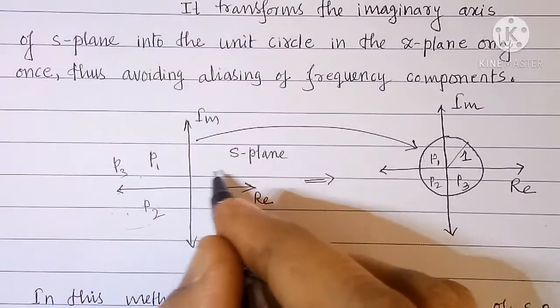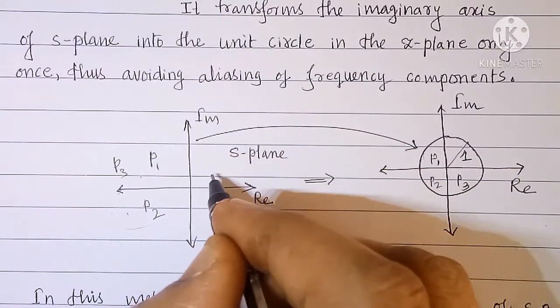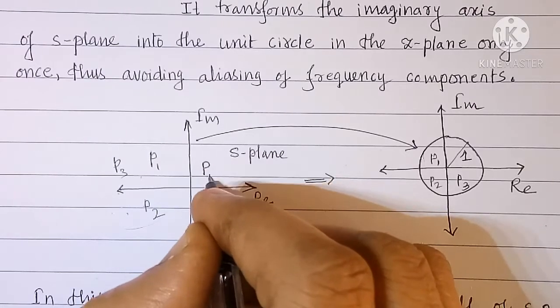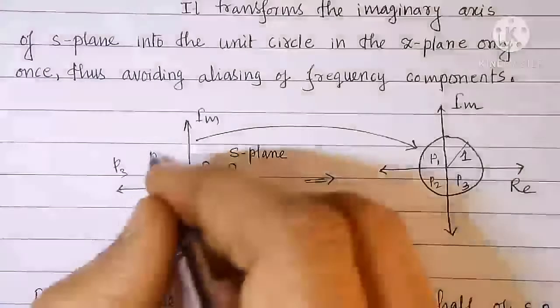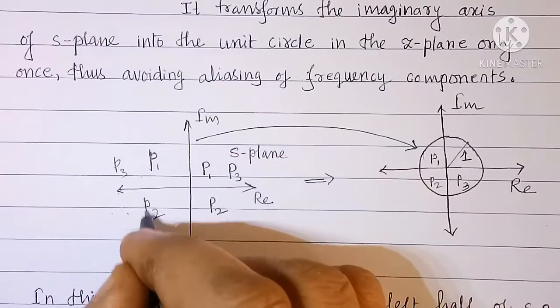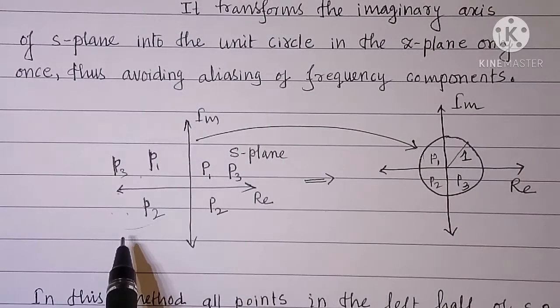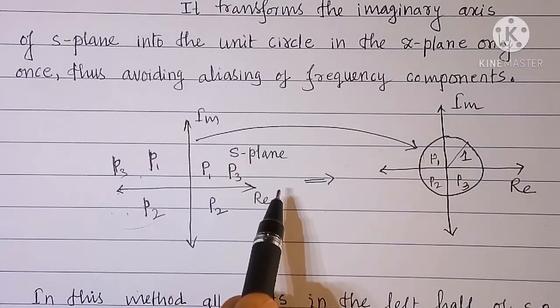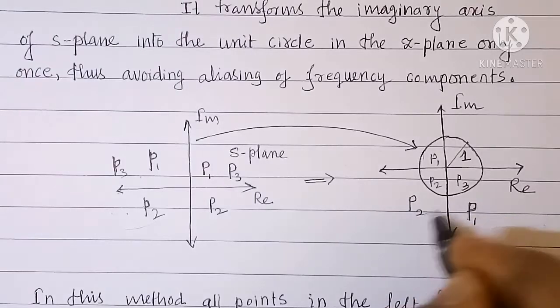And if there are any poles on the right hand side of the S plane, so we are having here capital P1, capital P2, capital P3, these are all small p's which denote poles on the left hand side of the S plane. Capital P's which are on the right hand side of the S plane will be mapped outside the circle this way.